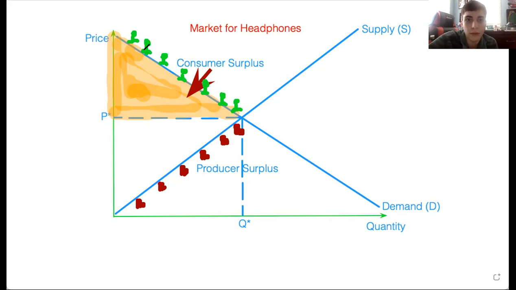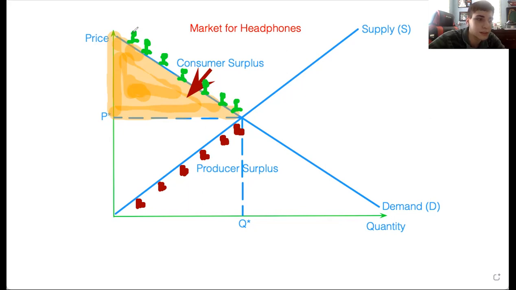Looks like I've drawn one extra person, don't mind that. But anyways, just get the whole knowledge point that there are consumers on this line, the demand line, that are demanding a product, in this case, headphones. And then there's producers here on this line, the supply line, that are willing to supply these consumers with headphones for a certain price, right?